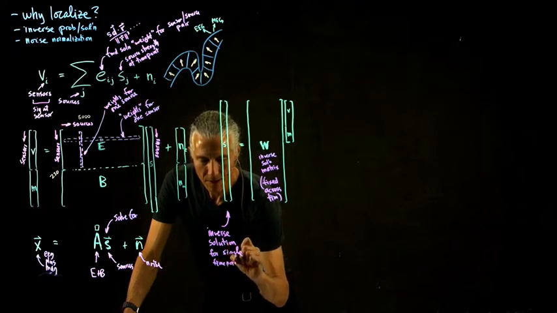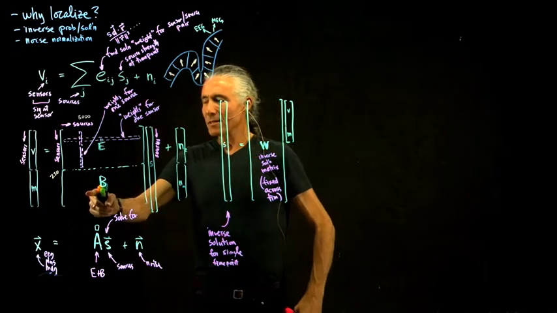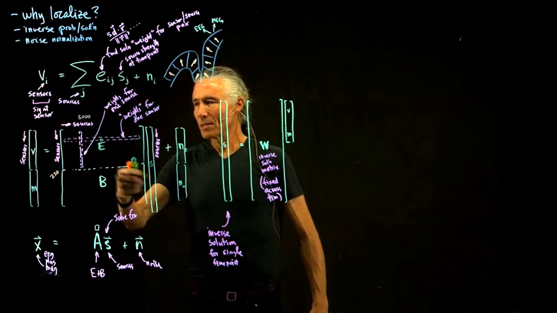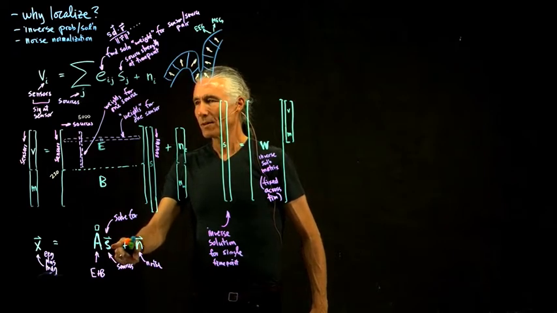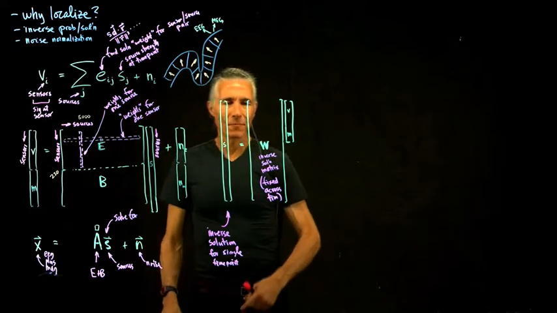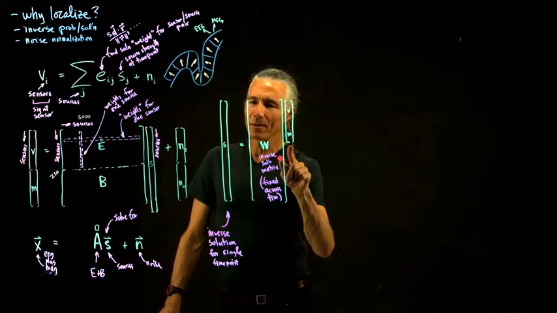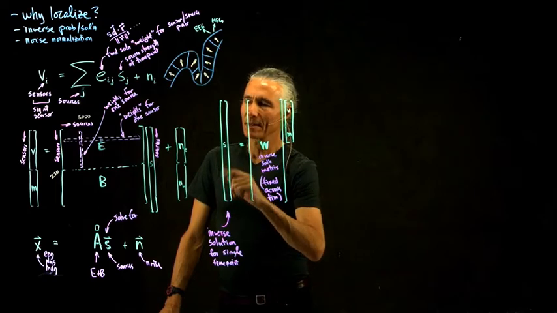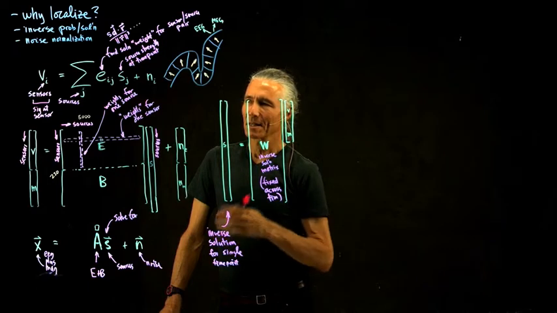So the idea is essentially you solve this forward solution for the S, try to figure out the S, and what you end up with is a matrix that you can multiply your data by to get this S. So that's the solution.